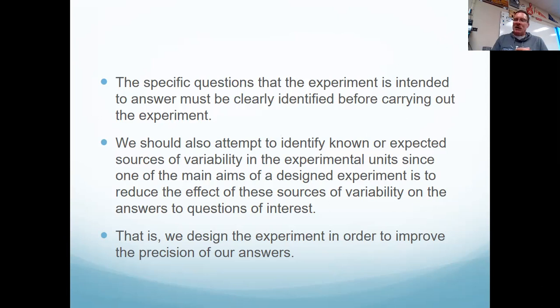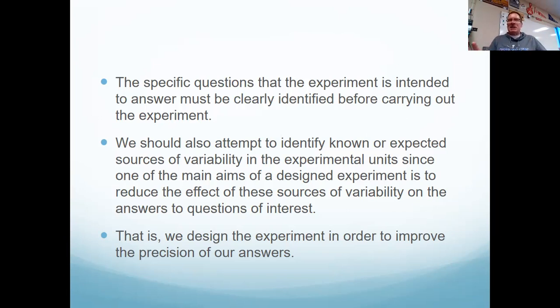We should also attempt to identify known or expected sources of variability in the experimental unit, since one of the main aims of a designed experiment is to reduce the effect of variability on the answers to the questions. In an ideal world, you would have only one variable, the independent variable, changing.